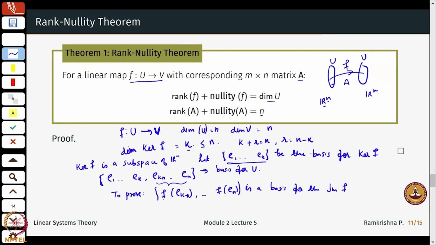Why am I doing this f? Because when I am talking of image, I am already in Rm, I am already in this subspace V, right. So, what is to be proven now is that f of Ek plus 1 till f of En is a basis for the image of f.